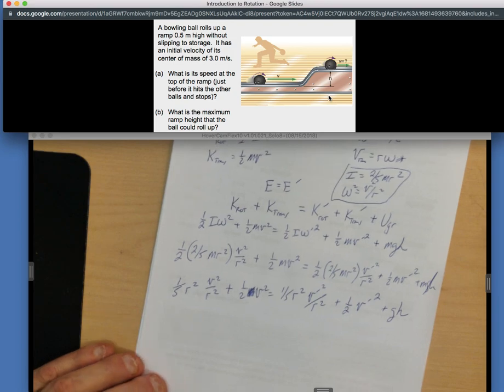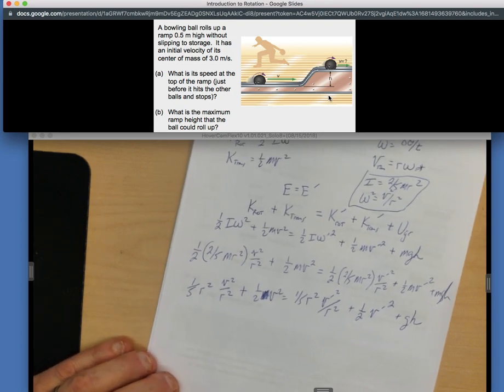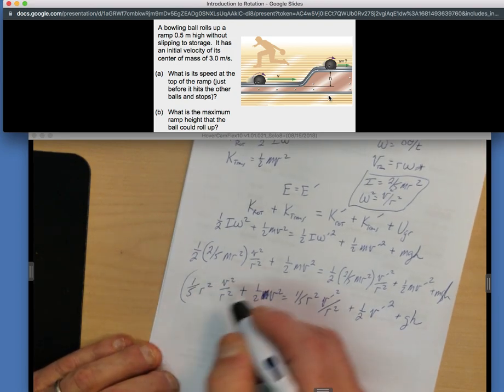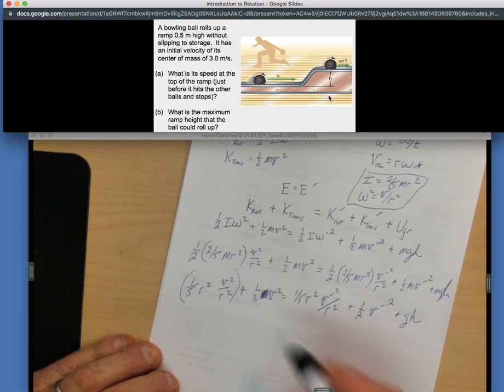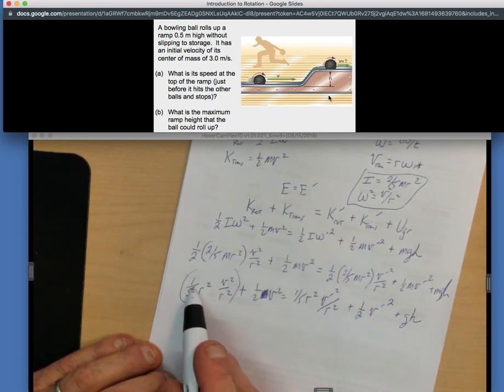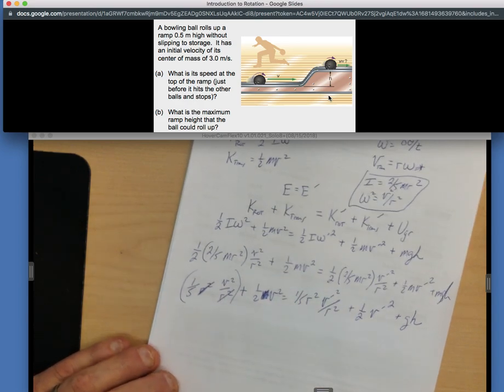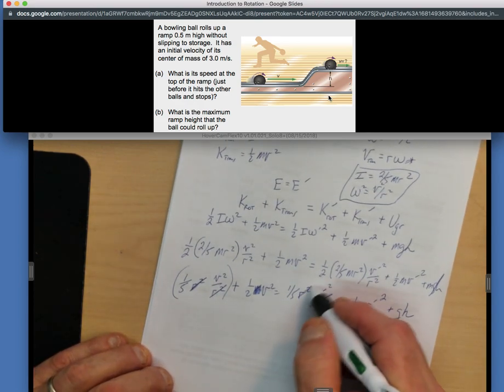Okay, well, let's go ahead and keep making this more simple, right? Because look at this. I've got 1/5 r squared over 1/5 r squared, v squared over r squared. Those r squareds are canceled out. And by the same argument, these are too.